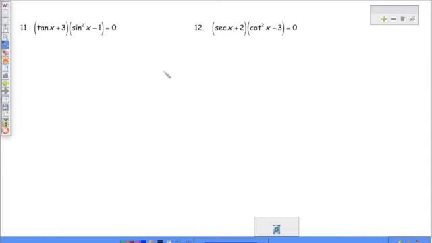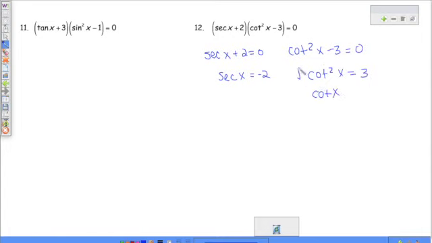I'll do number 12 with you. And I get secant x plus 2 is equal to 0, and cotangent squared x minus 3 is equal to 0. So I get secant x is equal to -2, and cotangent squared x is equal to 3.